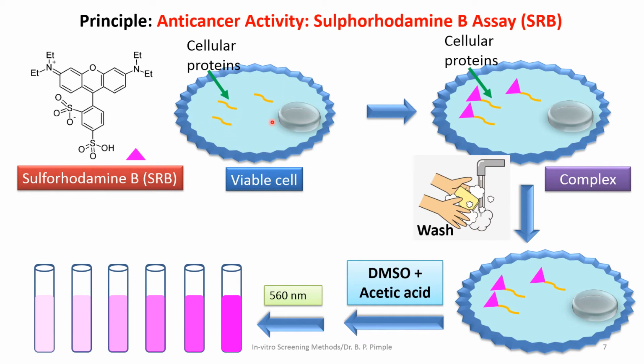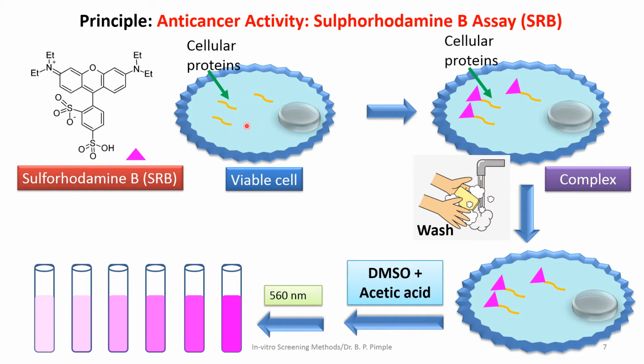Doxorubicin, as we all know, is an anti-cancer, cytotoxic drug. So the cells kept at this first step have a very low number of viable cells, or at times it is possible that there are no viable cells at this step.